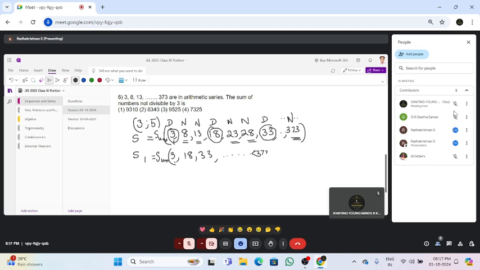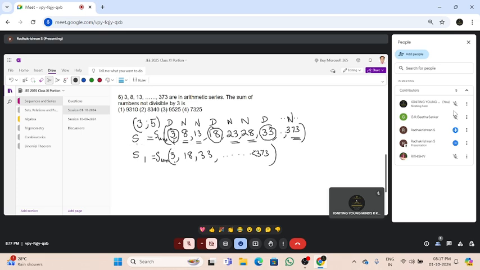Then the required sum will be S minus S1. That is what they have asked. If we remove those numbers divisible by 3, what will remain? The 8, 13, 23, 28 will remain. So you will get the sum of those numbers, right?